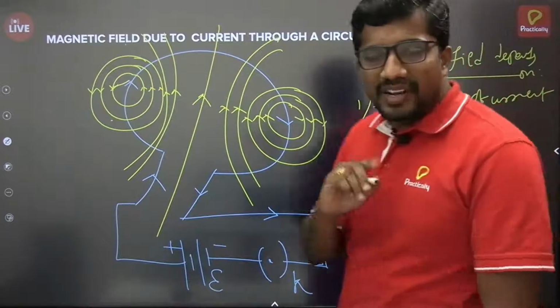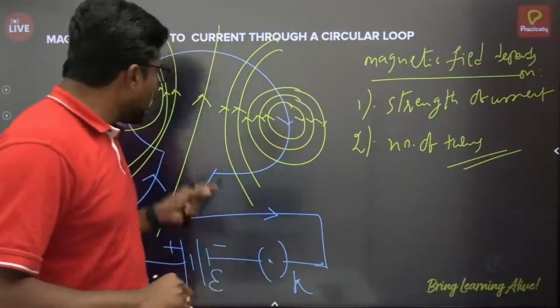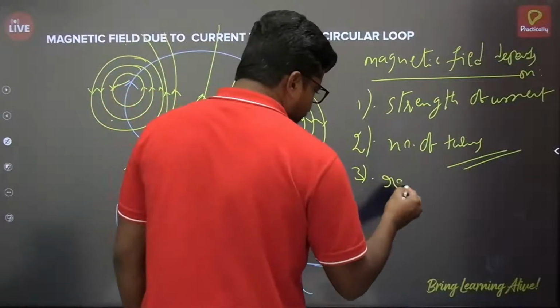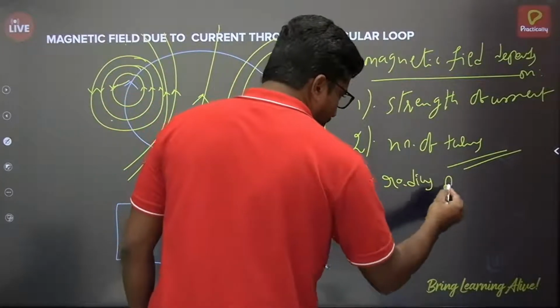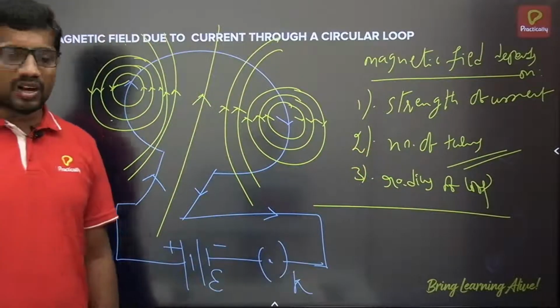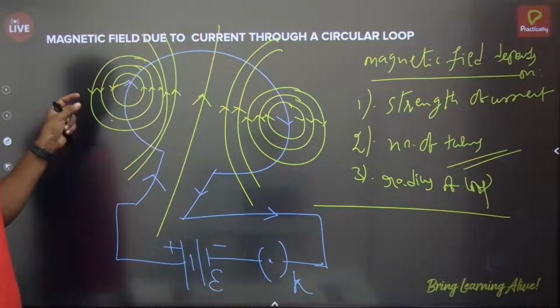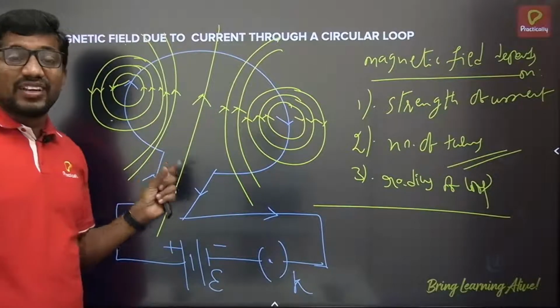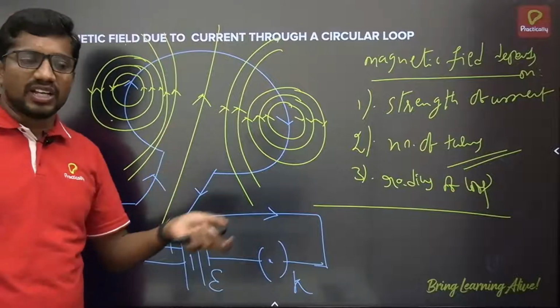Okay, very important. And even radius of the loop also. All right, so these are the factors on which the magnetic field depends, and this is how the magnetic field will be for a current carrying circular loop.